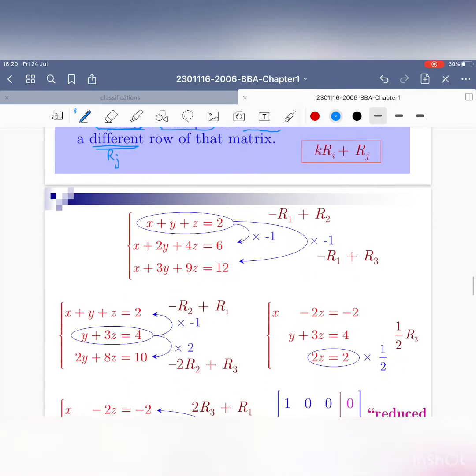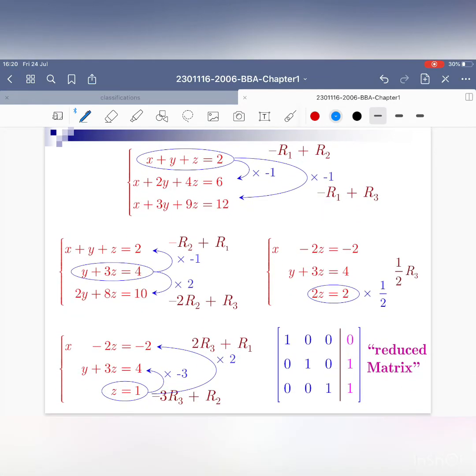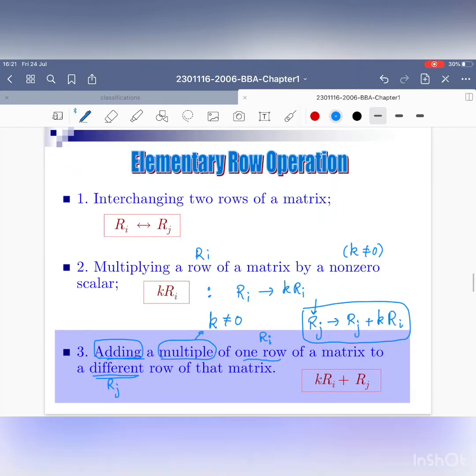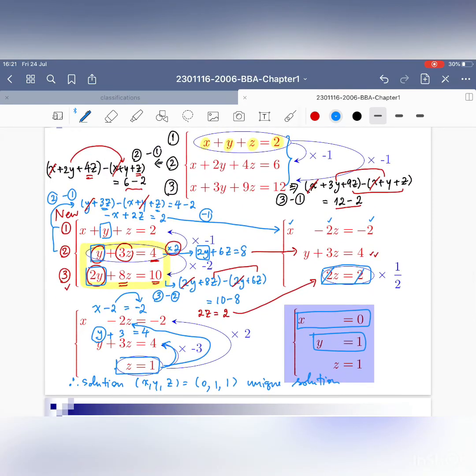So for example, what we have done before with that previous example, we can represent it in terms of row operations. Let me go back a little bit. What did we do first over here? We changed the second row by using the second row minus the first row, right?